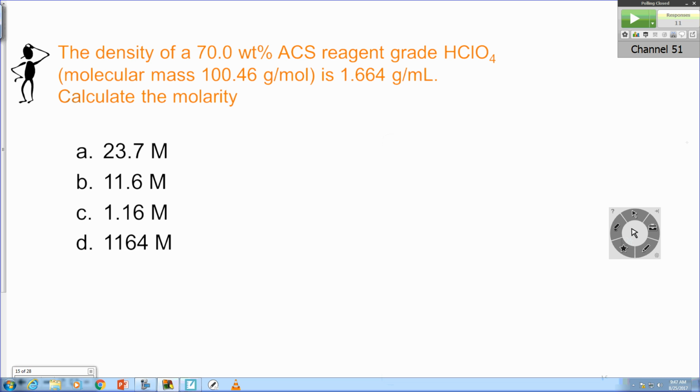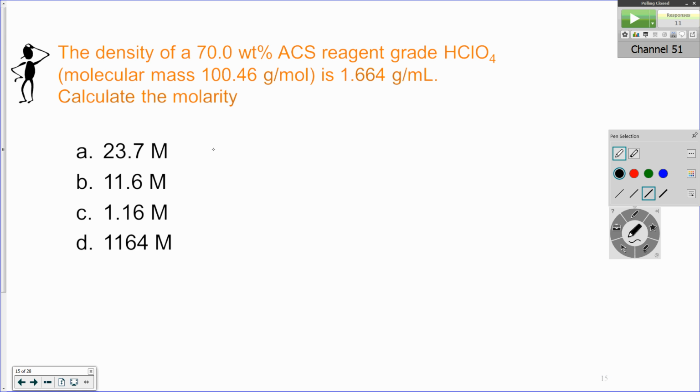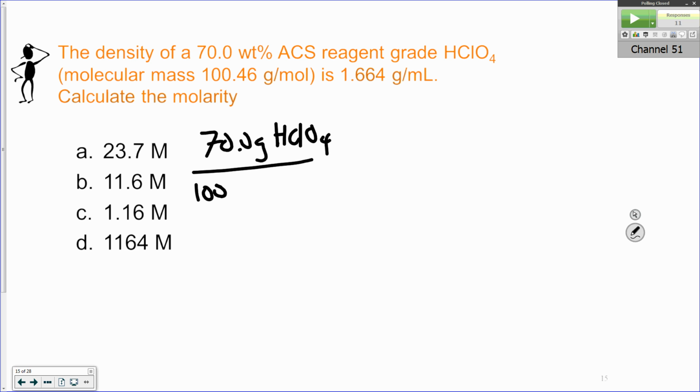Let's just set it up right quick. All right, so start with what we know. The mass of the perchloric acid for the mass of the solution. Convert the perchloric acid to moles.